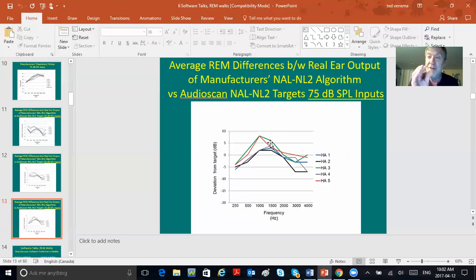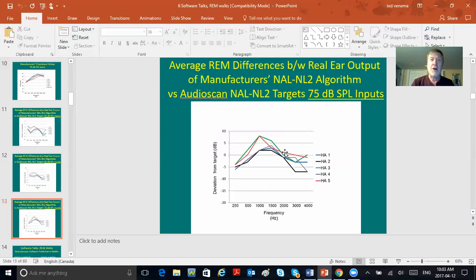So the manufacturers seem to be acting in a more linear fashion because they're not backing off in the amount of gain as the inputs increase. And that's why for louder inputs, they're actually asking for more output than NAL2 did. And yet they're implementing NAL, but they're bastardizing it, or putting some tincture into the mixture. I don't know what they're doing, but nonetheless that's what this study has shown.